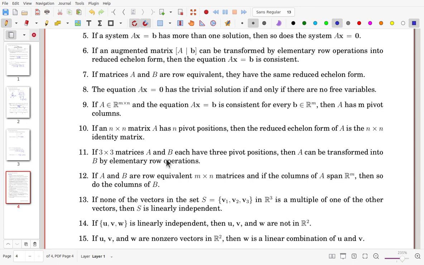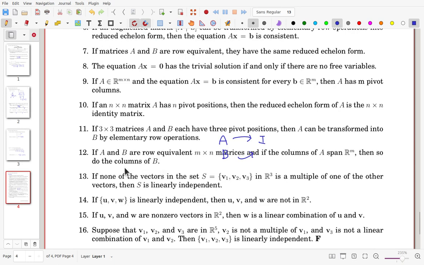So if you start from A and go here, and then apply the reverse operations, you will reach B. So you can transform A into B, right?